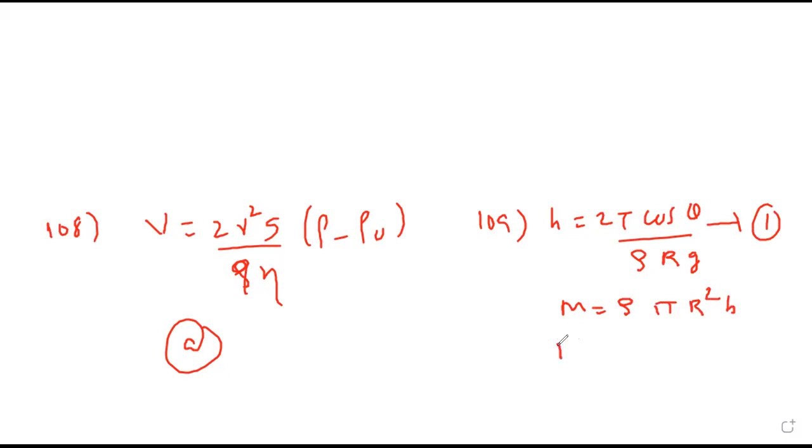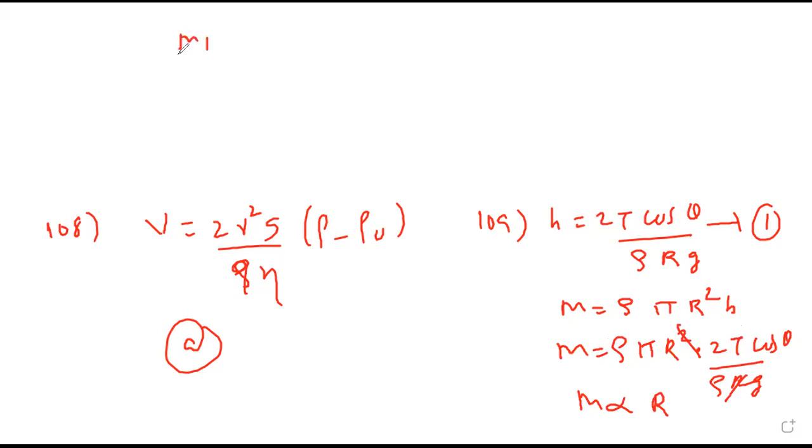So m will become rho pi r square into h, where h is 2T cos theta upon rho r g. So m and r, we can say, are directly proportional because the rest are all constant.